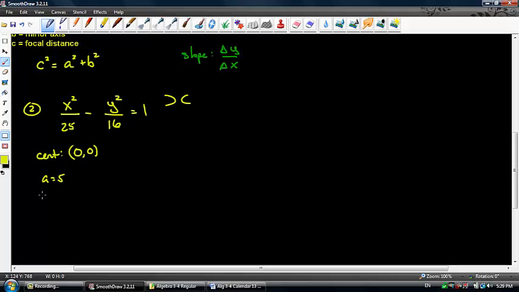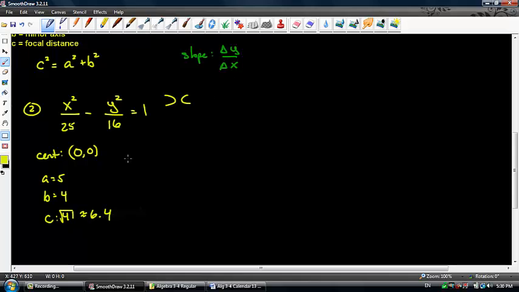A is going to be 5, B is going to be 4, C squared equals A squared plus B squared, so 25 plus 16, that is 41, but the square root of that. The square root of 41 is about 6 point, it's leaning a little bit more towards 36, so maybe 6.4.